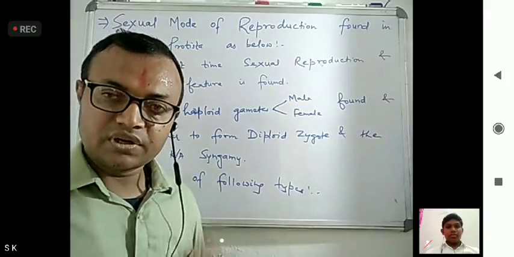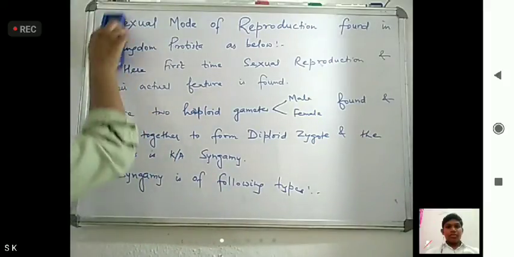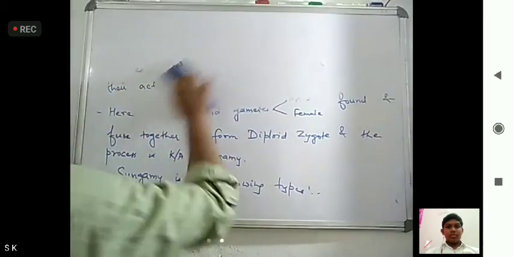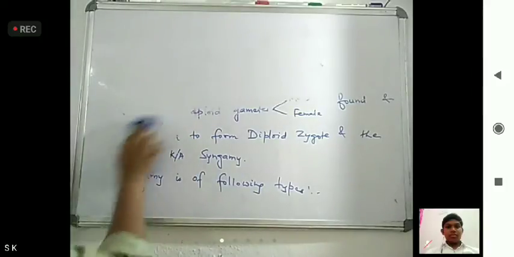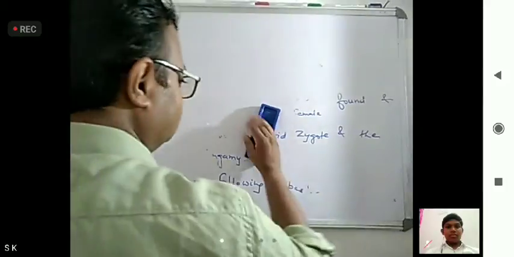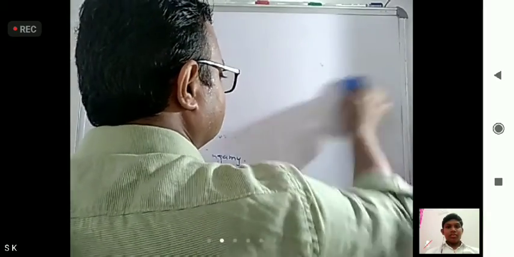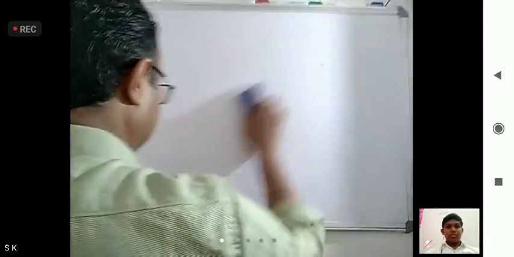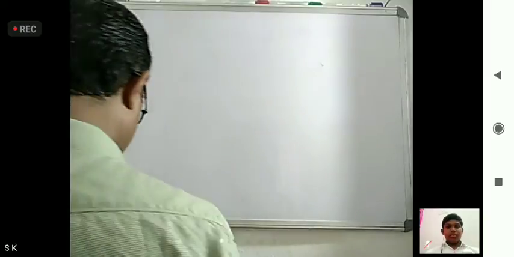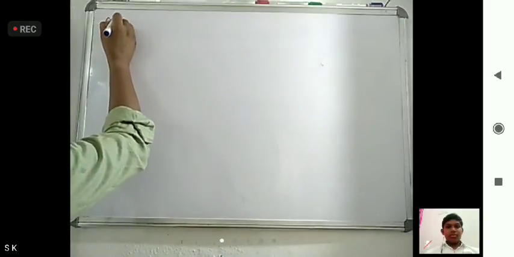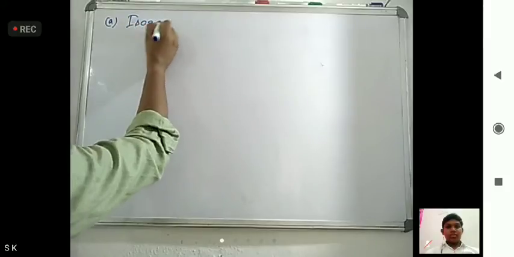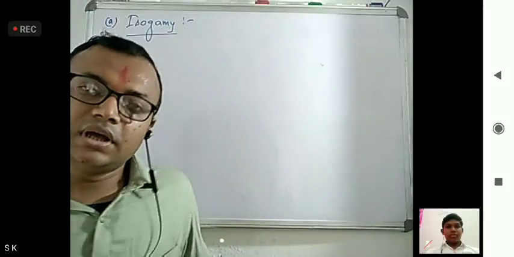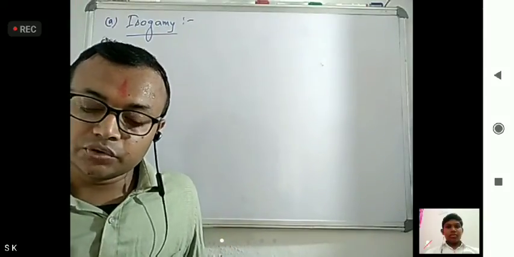Okay. And what are the other things that we will see? So first, three types, under which the first is isogamy. Now, iso means what? Iso means equal. Okay. So here what happens?